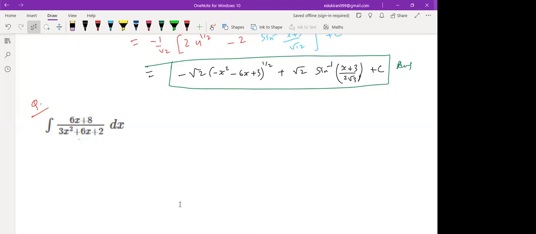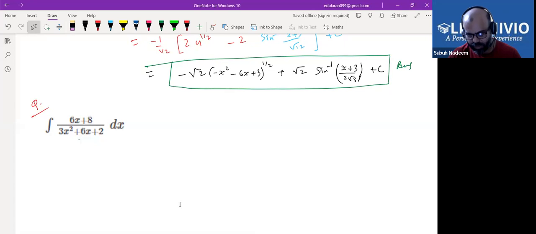Is it 1 by a tan inverse x by a? Yeah, integral of 1 by a square plus x square is 1 by a tan inverse x by a. That is right.